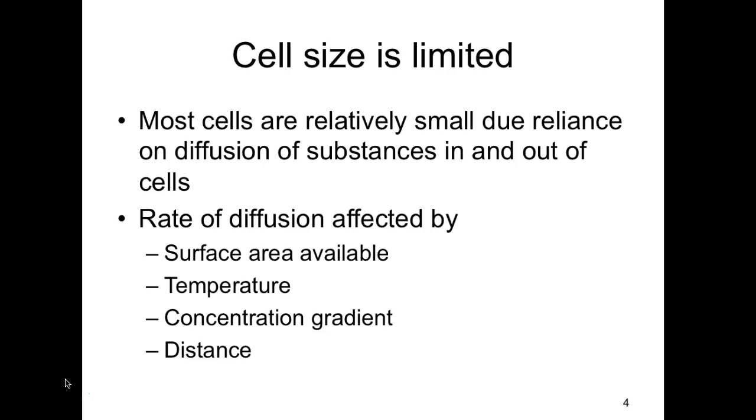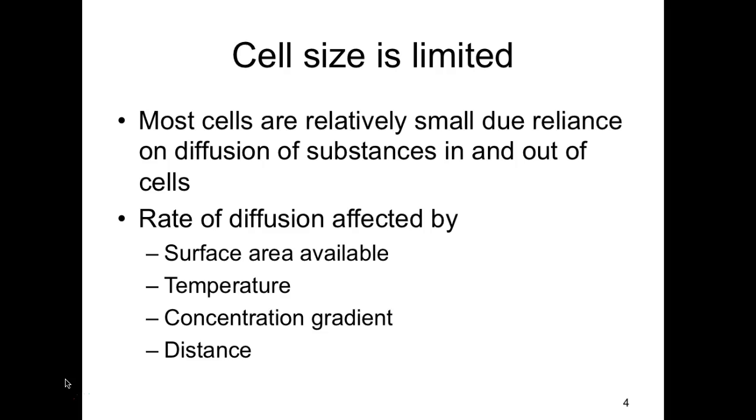So when we look at the rate of diffusion, we could say that the rate of diffusion is affected by surface area availability. So the amount of area around the cell or the cell membrane to allow for diffusion to take place. Remember, a job of the cell membrane is to control what goes into and out of the cell, because it is going to be a barrier between the external cell and the internal cell.